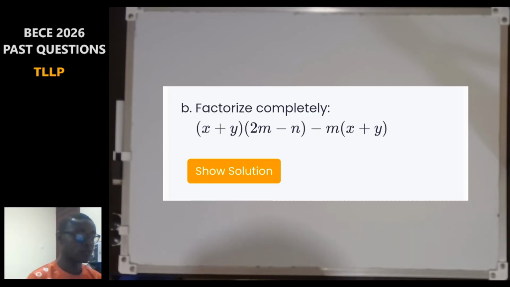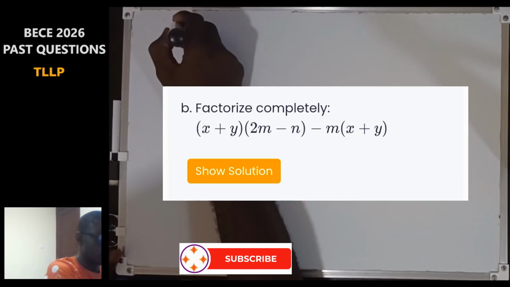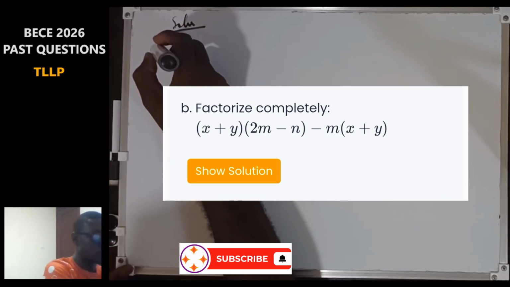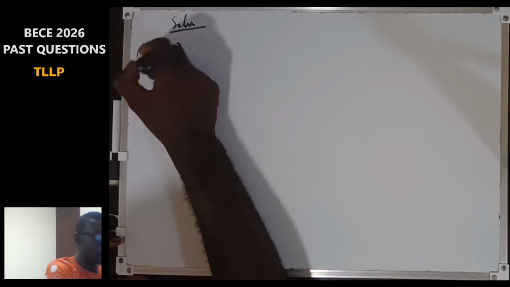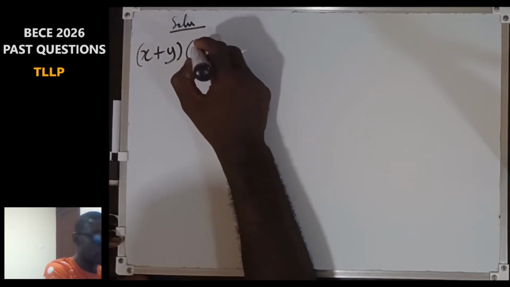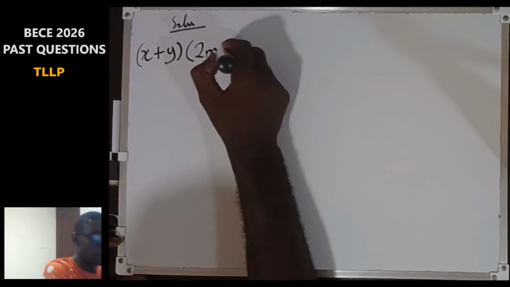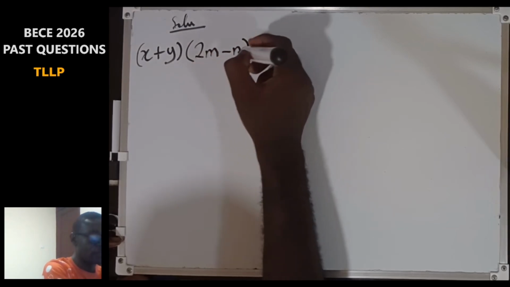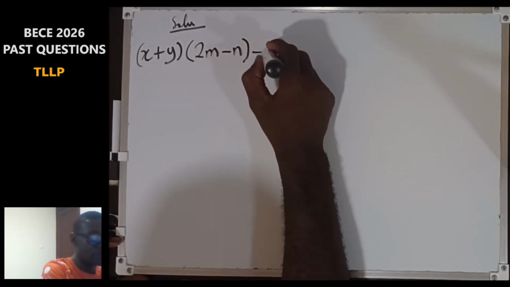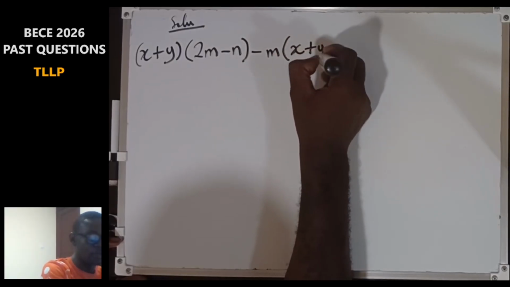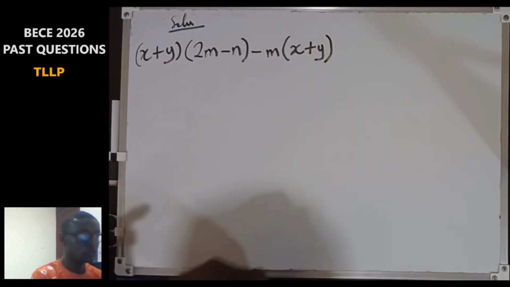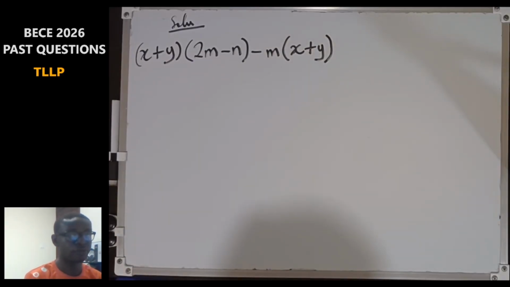So let's do that. So the question is (x + y) in a bracket multiplied by (2m - n) in a bracket, minus m in a bracket (x + y). So this is what has been given.